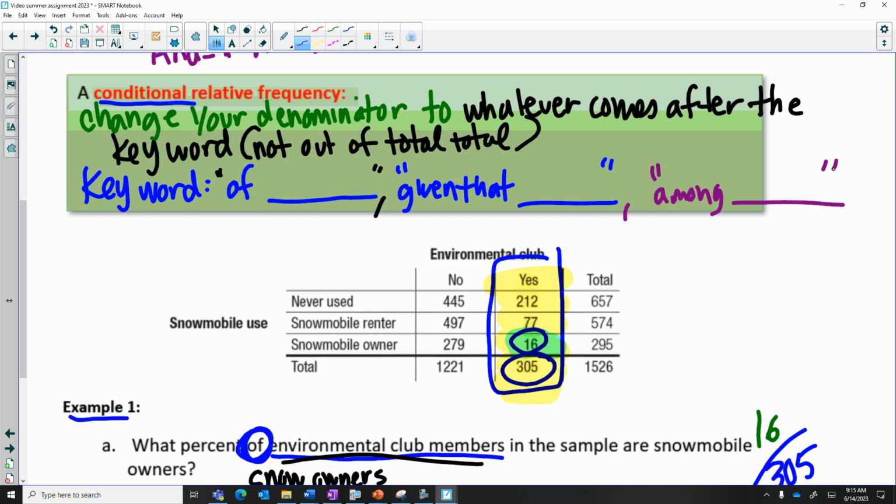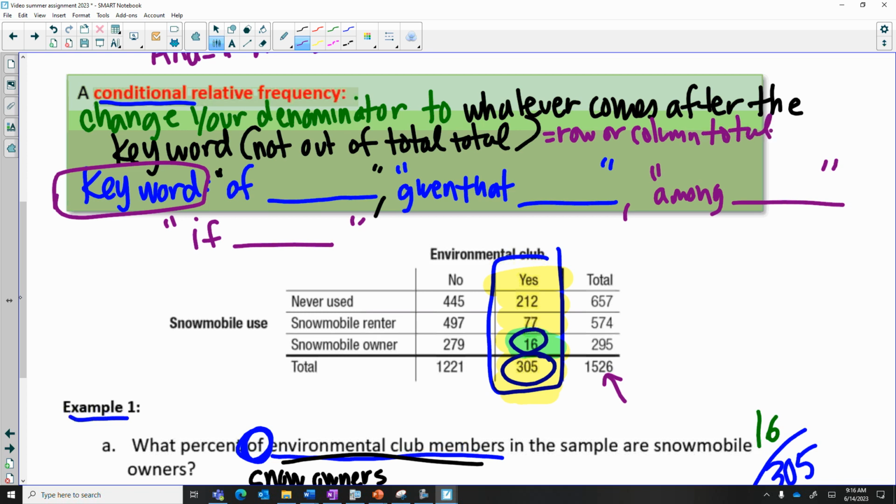And the last one, of, among, given that, if they own, what's the probability they're an environmental club member? So whenever you hear any of these keywords, those indicate that you're restricting your denominator. Instead of out of the total, you're going to look out of the row total or the column total, whatever comes after that keyword.